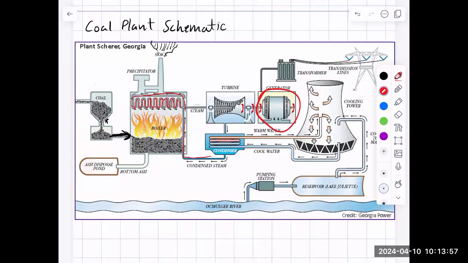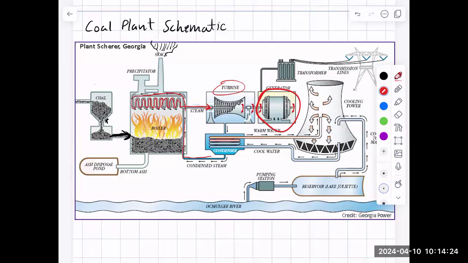And the burner heats the water so that it becomes steam. And that steam is then pushed through this turbine. So the turbine is just a bunch of blades, like a prop on a boat motor or a propeller on an airplane. And you're just rushing the steam past these turbine blades, and it causes the turbine to spin. So you're using the high pressure steam to spin this turbine.